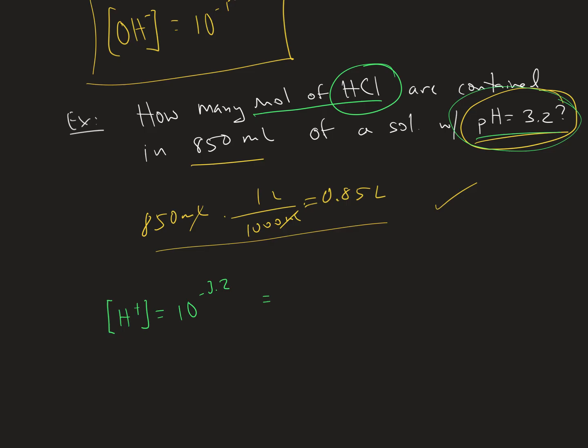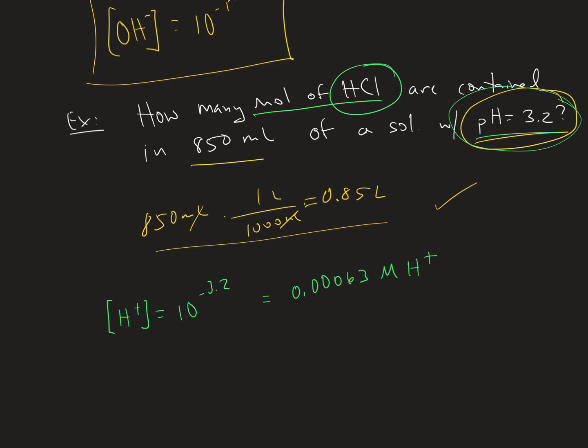I got ahead of myself. 0.00063 molar solution of H plus. You with me? Is that why there can be negative pHs, because there can be a higher concentration than one? H plus? Yes.